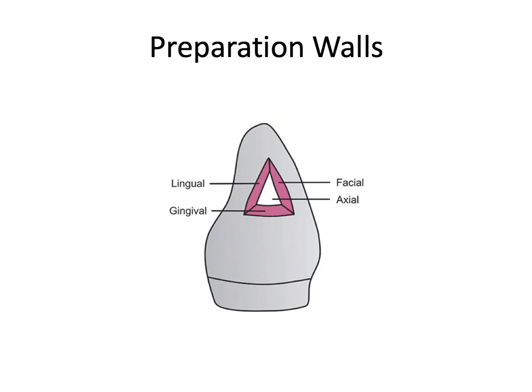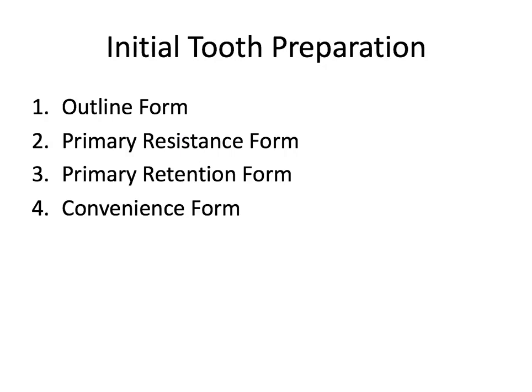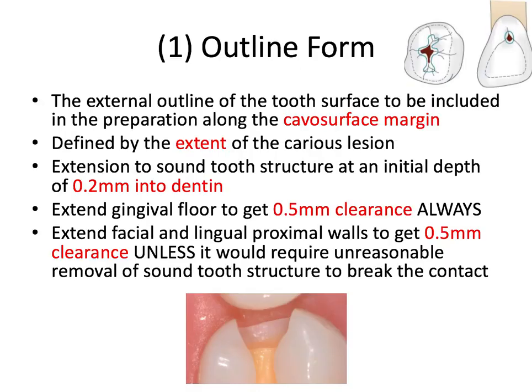Next, we're going to talk about GV Black's preparation steps that are frequently tested on the board exam. And we'll start with the 4 steps of the initial tooth preparation. So the outline form, defined by GV Black, describes the external outline of the tooth surface to be included in the preparation along the cavosurface margin.